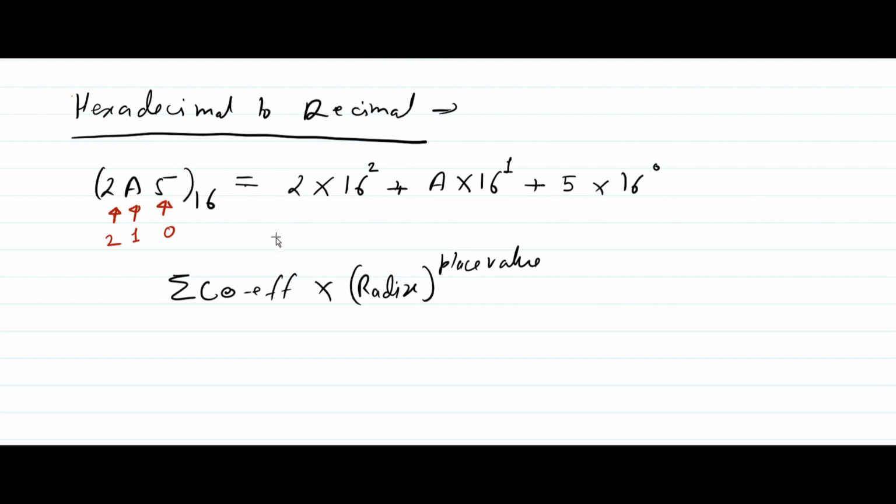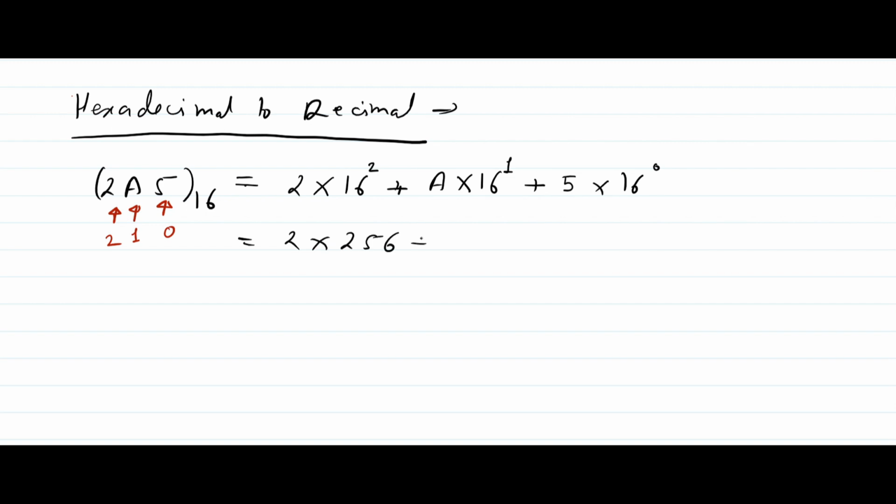Now I will calculate it. 2 multiplied by 16 squared, which is 256, plus what is a actually? a is equivalent to 10 in decimal, right? So instead of a I will write 10. If I use b, then it will be 11, c will be 12, and likewise.